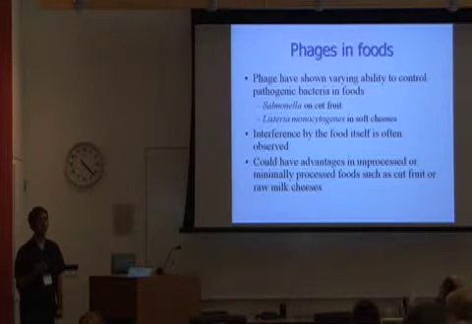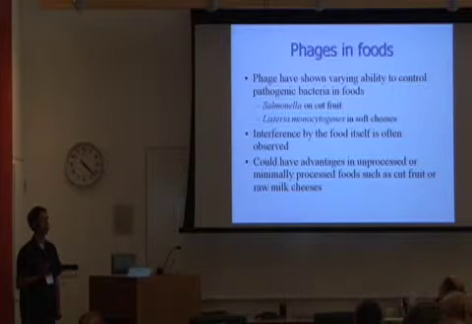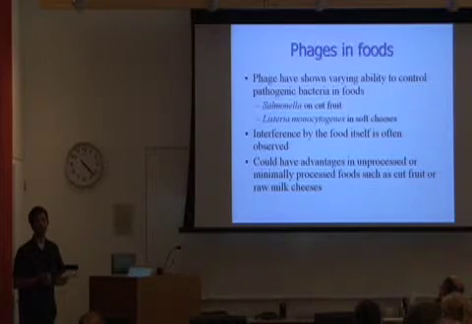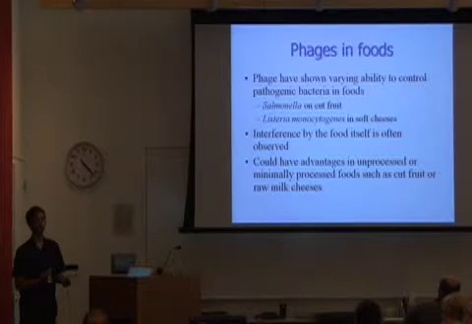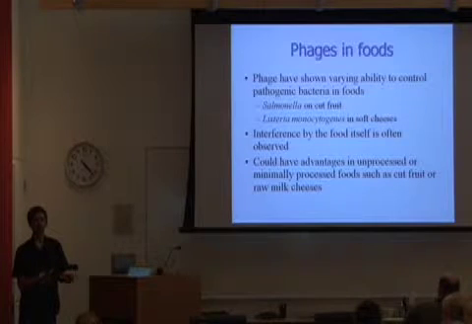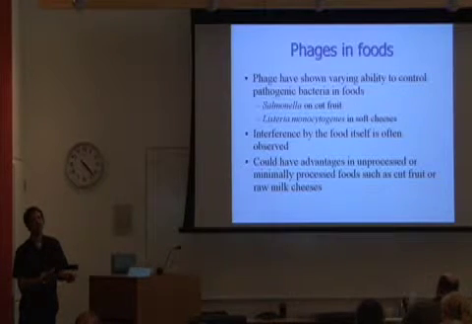They put in a known amount of, for instance, E. coli O157, put phage in, and see what kind of success you get. It's pretty variable, and occasionally they'll be able to knock down the E. coli O157 population in the food, but they'll have to incubate the food at 37 degrees for a day. In which case it's not.